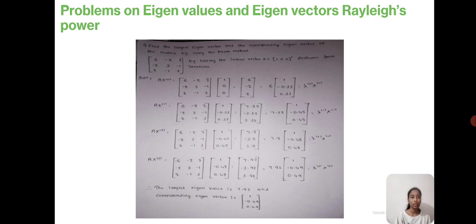By multiplying, we get (1, −0.45, 0.45) after normalizing.